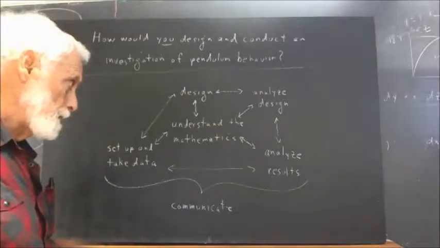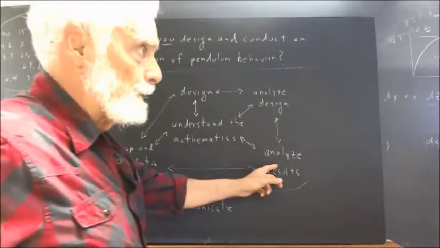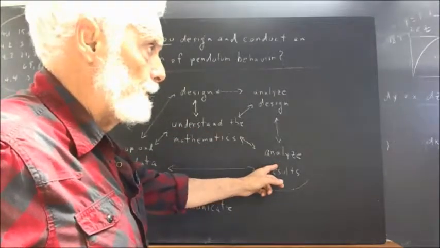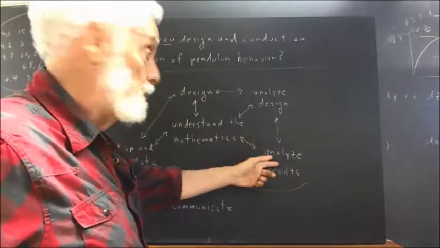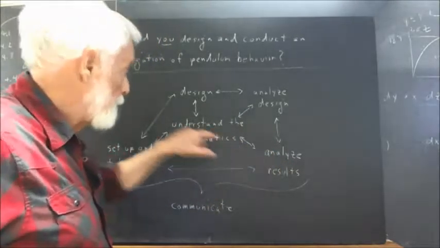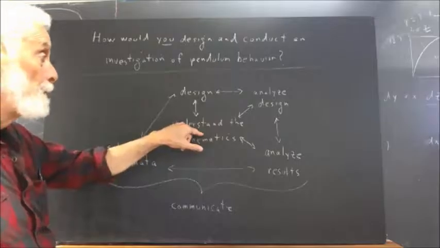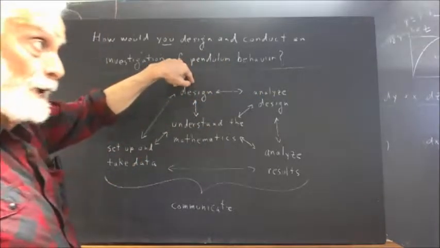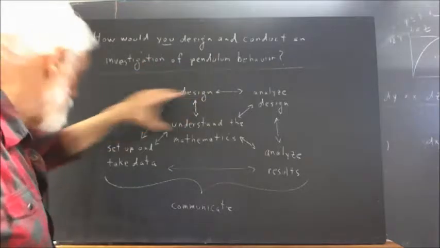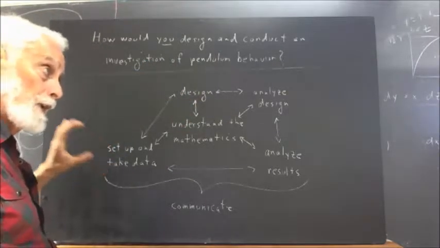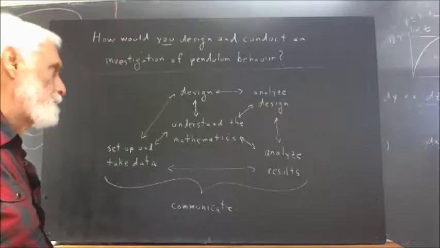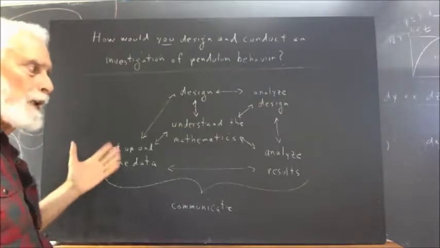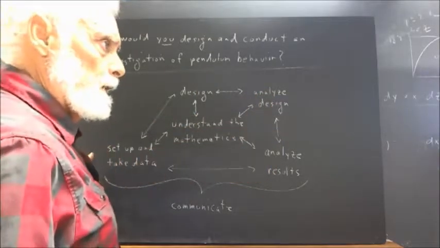Then I use the mathematics to analyze the results. I get results, and then that often leads to more questions, which makes me think about the mathematics a little more, which can change my design and maybe some analysis in that change in design, and all that can change the way I've got it set up and the way I take data. So all these things feed into one another.